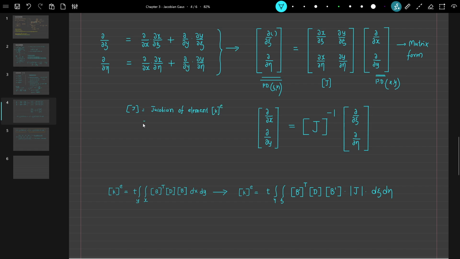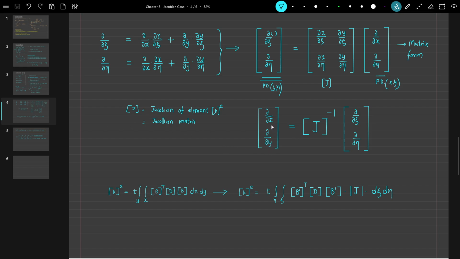It is also called simply the Jacobian matrix. So just rearranging the terms, ∂/∂x and ∂/∂y is equal to J inverse times ∂/∂ζ and ∂/∂η.